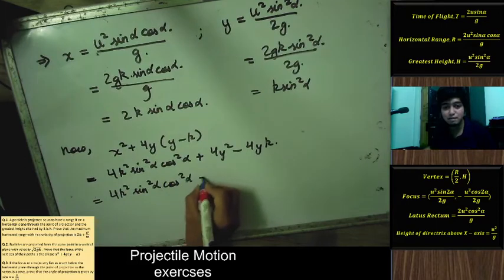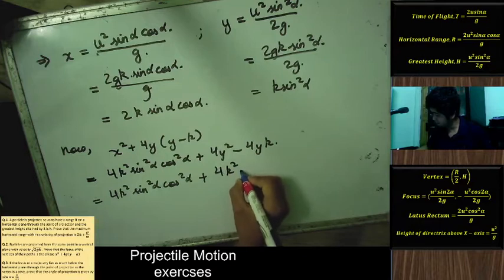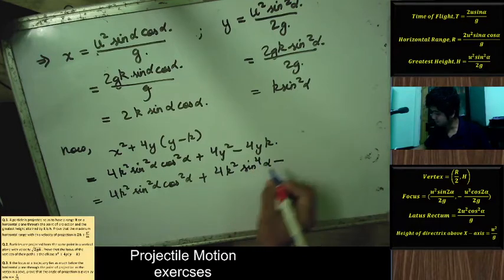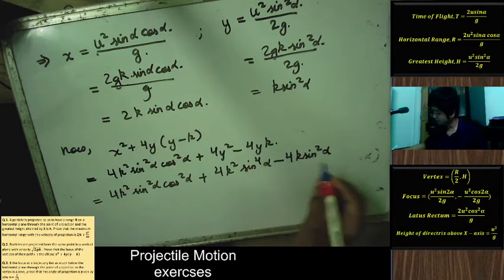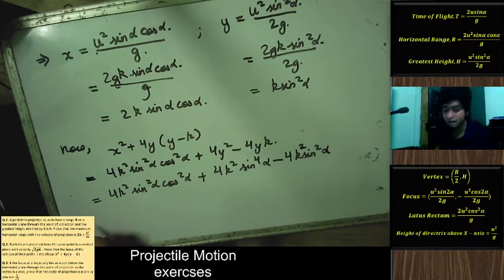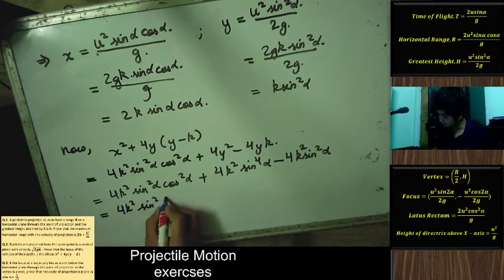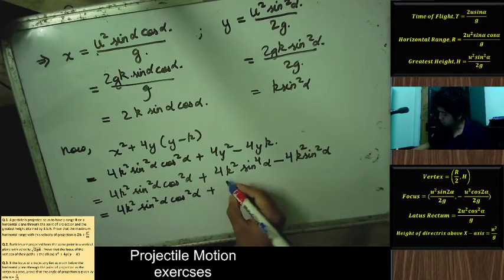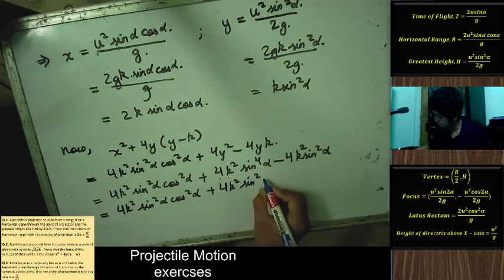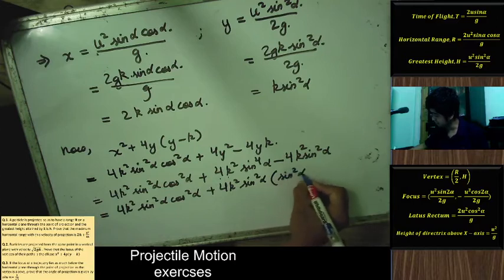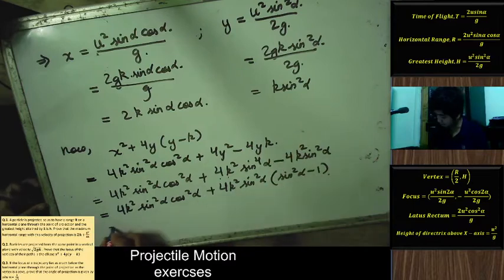Now it's just simple simplification. 4y squared gives 4k squared sine to the power 4 alpha, minus 4k sine squared alpha times k. So we'll be getting 4k squared sine squared alpha cos squared alpha. Now just take common 4k squared sine squared alpha. You will be getting sine squared alpha minus 1. So sine squared alpha minus 1 will give you minus cos squared alpha.